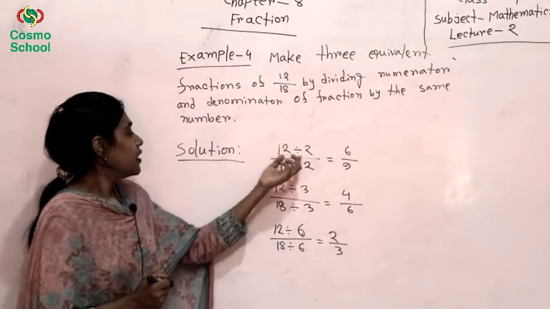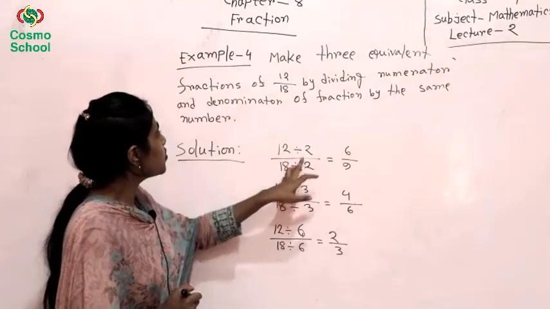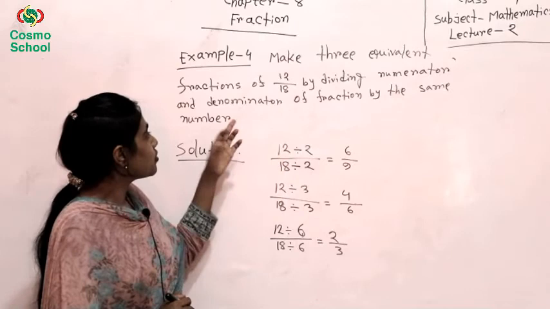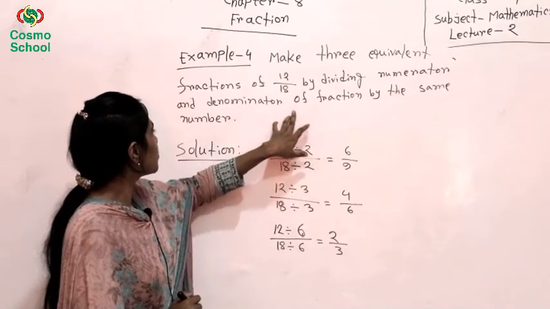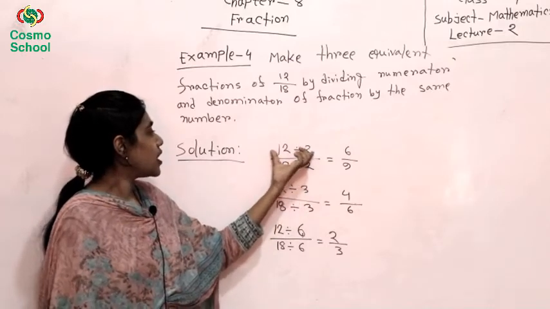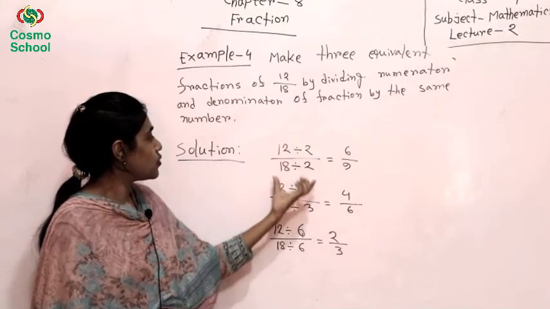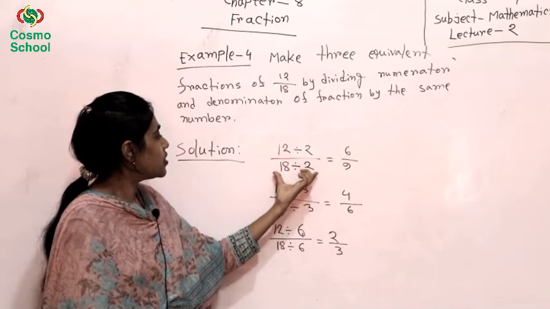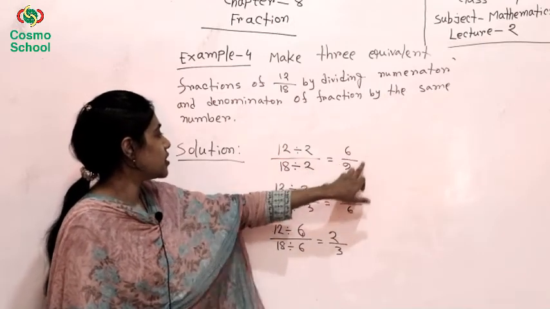Now, to make the division method, I follow 12 is dividing by 2 and 18 is dividing by 2 and get the result 6 divided by 9.